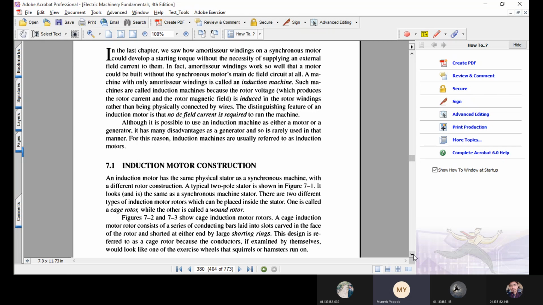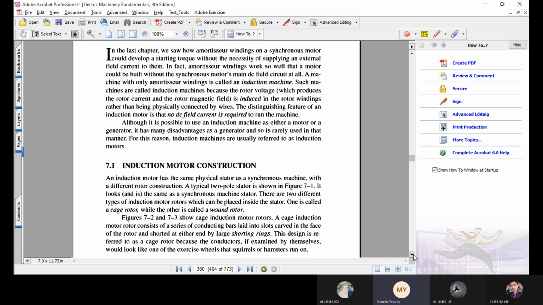If we compare the two types, the squirrel cage motor is the most widely used induction motor, while the wound rotor induction motor is not the most widely used, but it is the most flexible motor that we use as an induction motor.